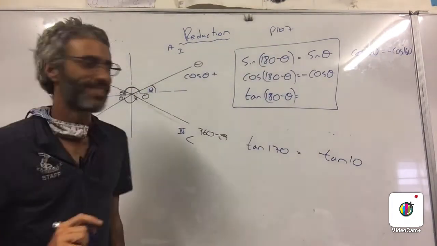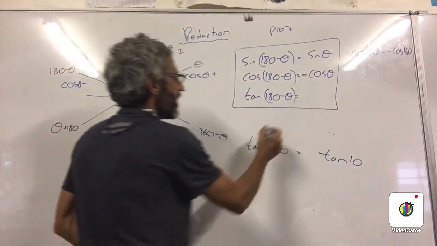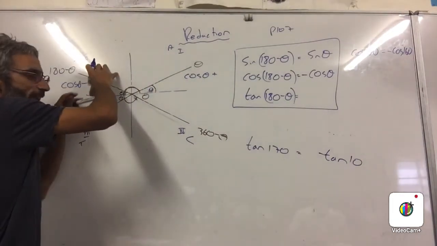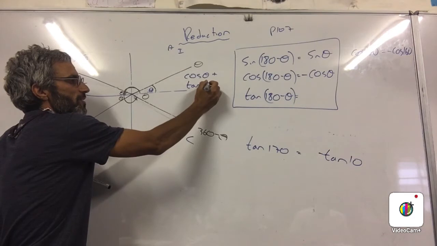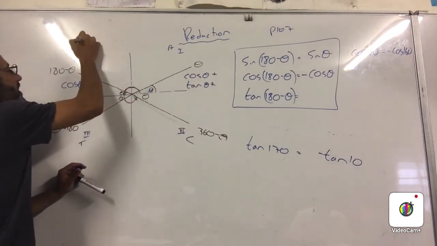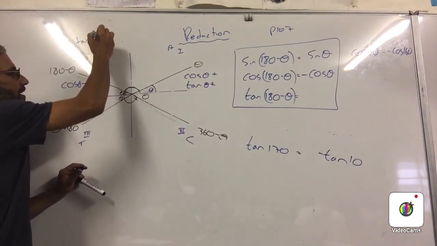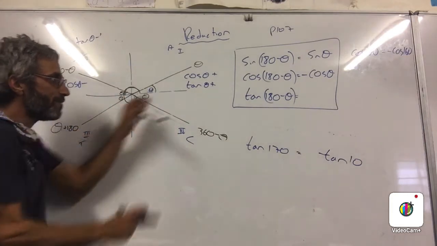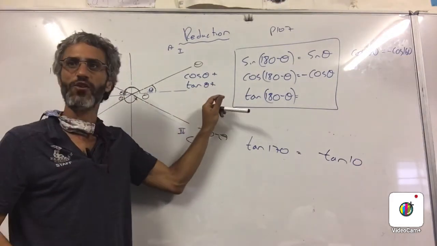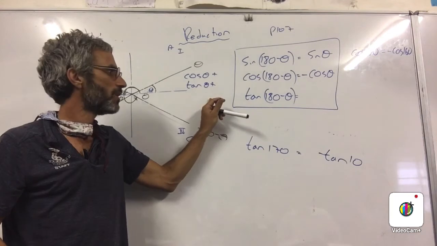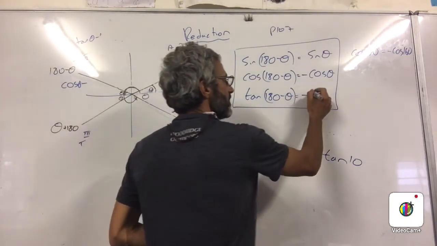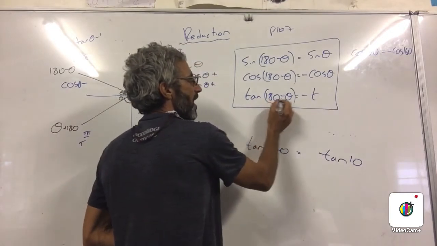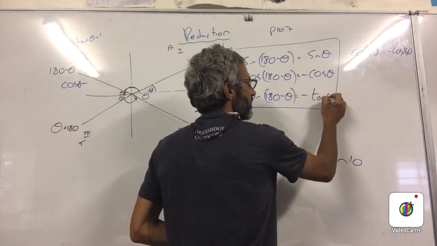Tan is positive in the first quadrant and negative in the second. So if we move here, I can find tan theta, but I need to put a minus in front of it. That was specifically for 170. If I have tan of 180 minus theta, it is going to be minus tan theta.